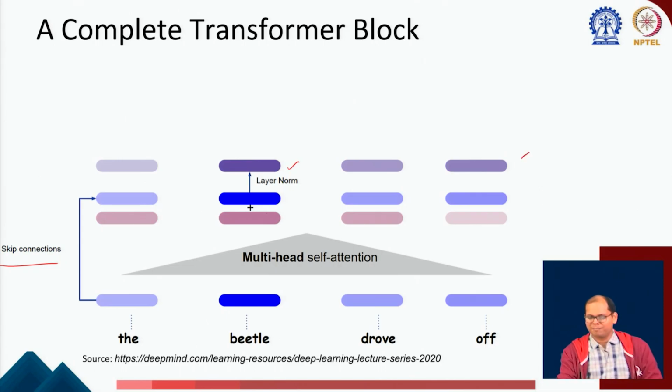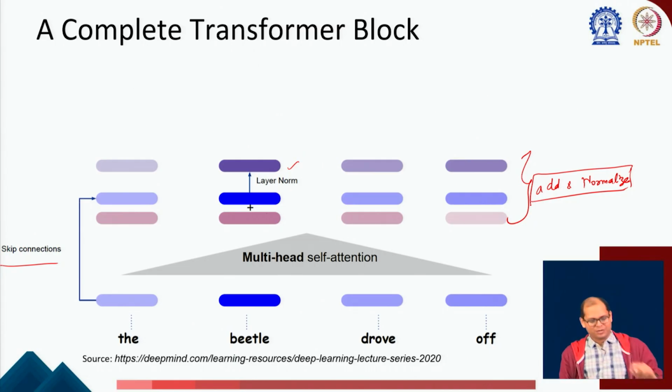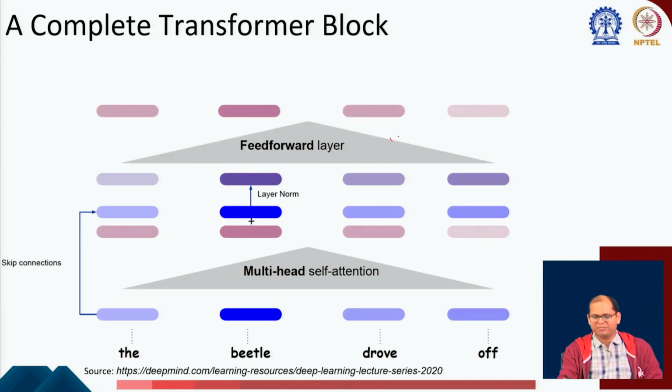This complete thing is sometimes called the add and norm block, add and normalize, and you will do this repeatedly. Next, you apply a feed forward network on this output, a feed forward layer.